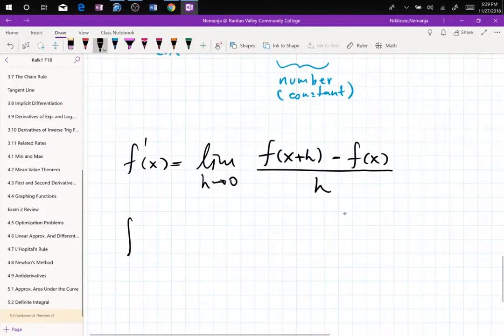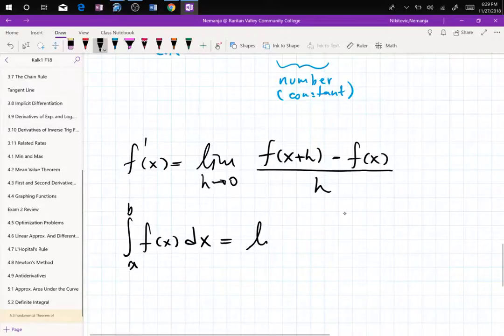What was the limit Riemann thing for integrals? If there's one thing from chapter 5 that I have to add to the test, it would be this one. Limit as n goes to infinity of sigma from i equals 1 to n.